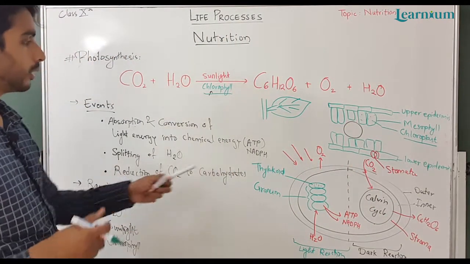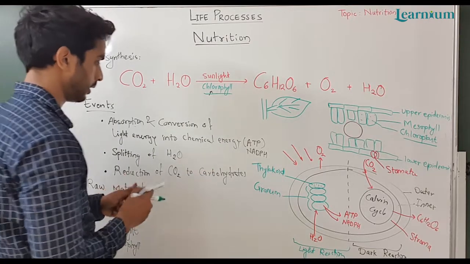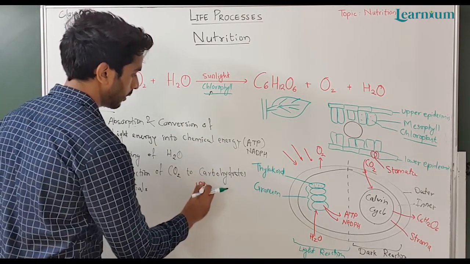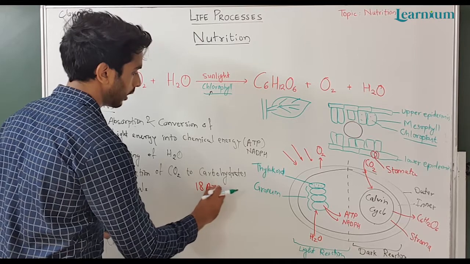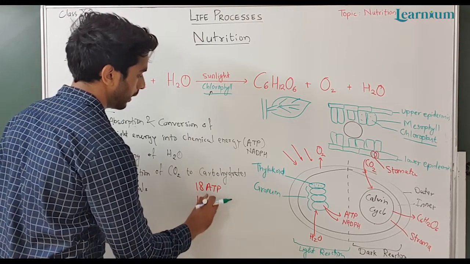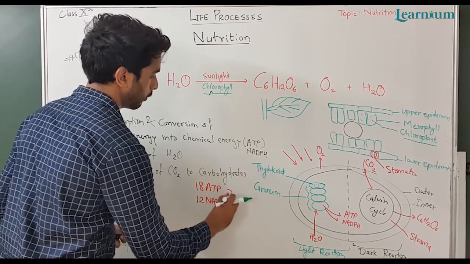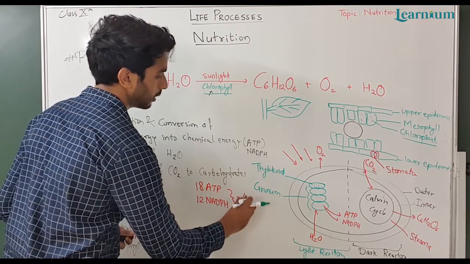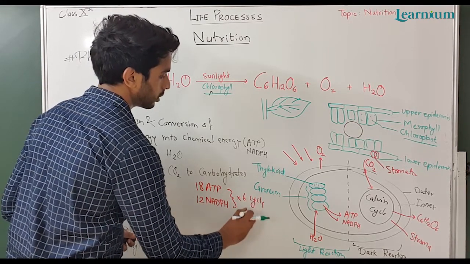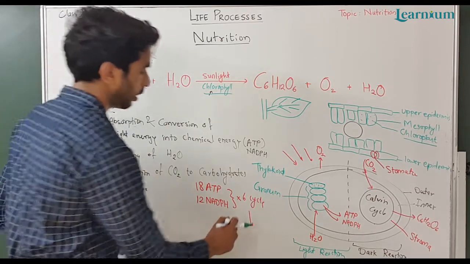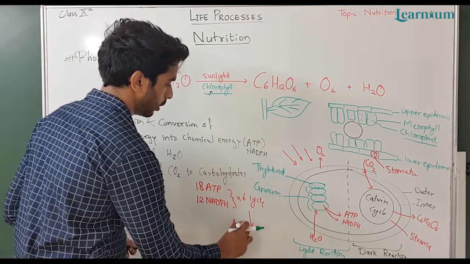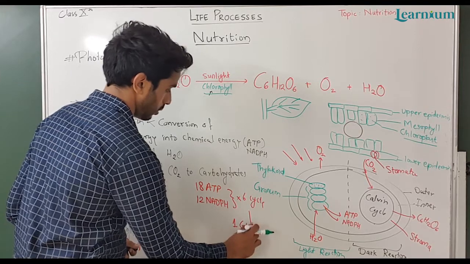So the total energy required is 18 ATP and 12 NADPH for 6 cycles, because after 6 cycles one glucose molecule is produced.